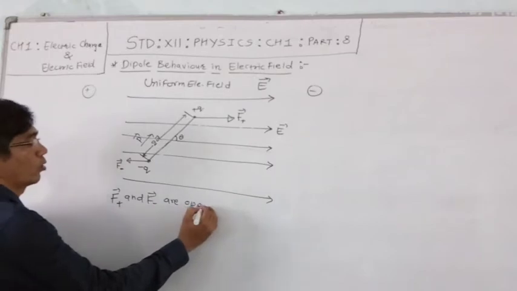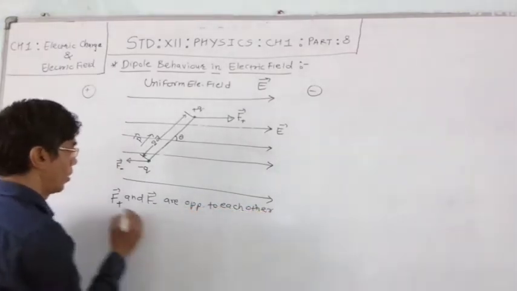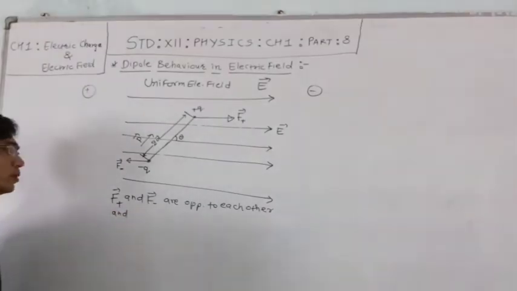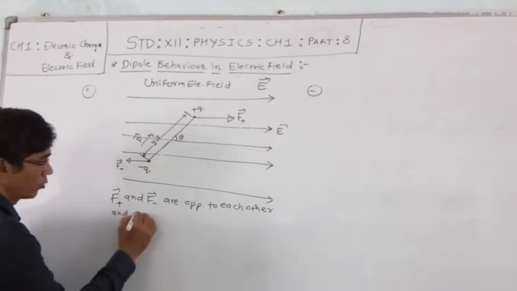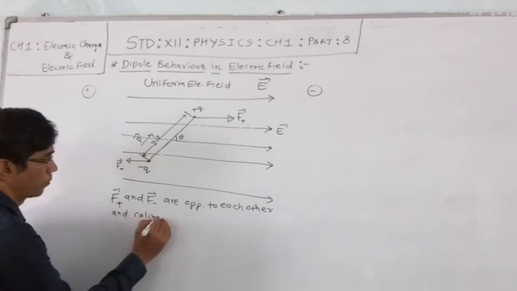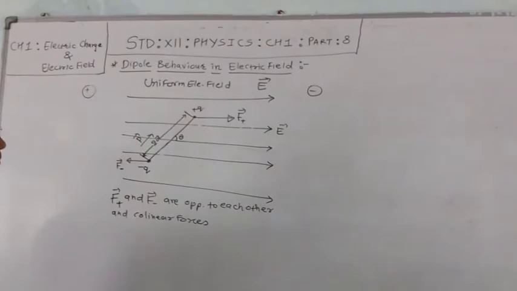So F plus and F minus are opposite to each other, and they are known as collinear forces.